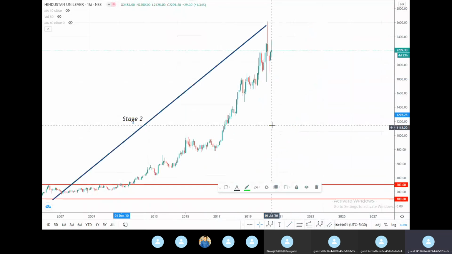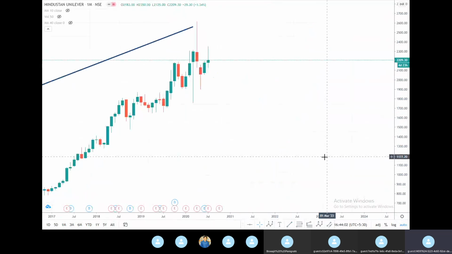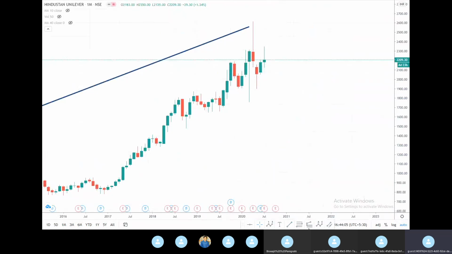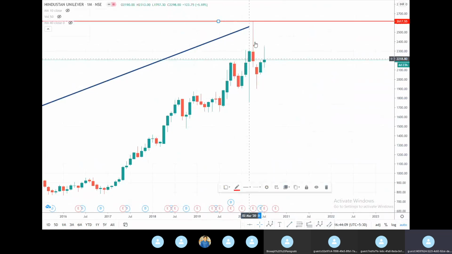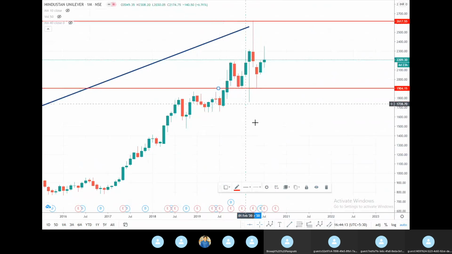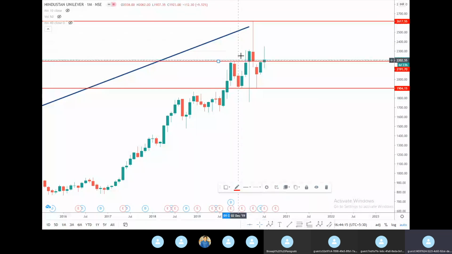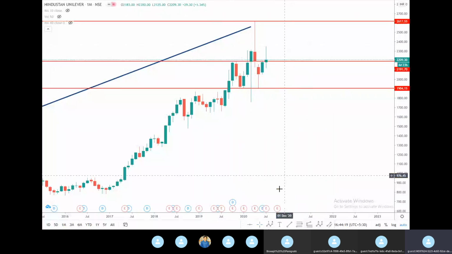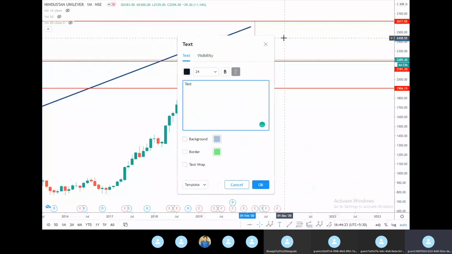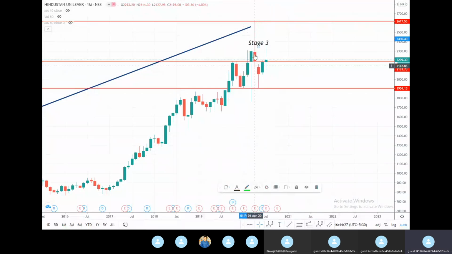Then we clearly see a decline that is also range-wise. You see there's a nice range, this is one range, this is another. This is going in a range, so we can say this is a decline or stage 3, and then there will be a decline.